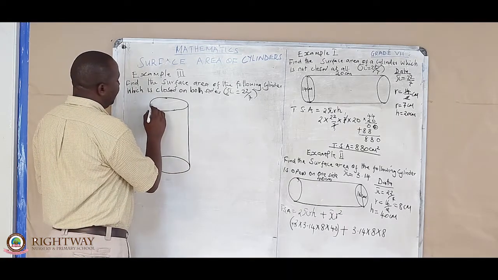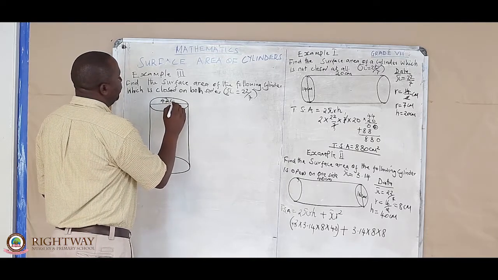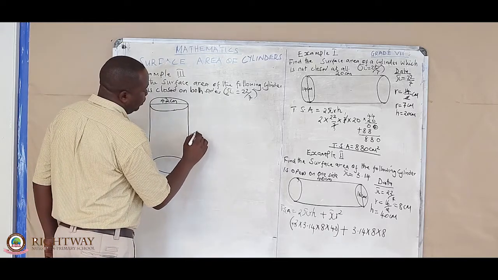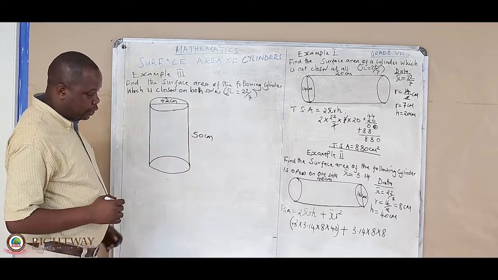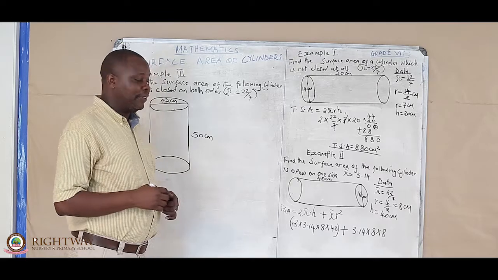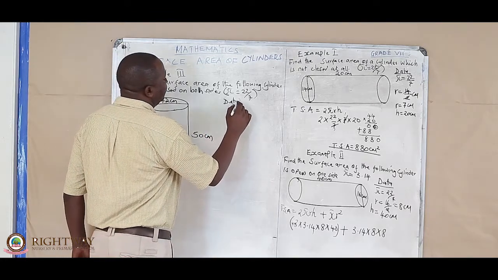Therefore, our cylinder is like that. You have been told this one here is 42 centimeters. Here is 50 centimeters. And we have been told it is closed on both sides. Therefore, first of all, you collect the data.